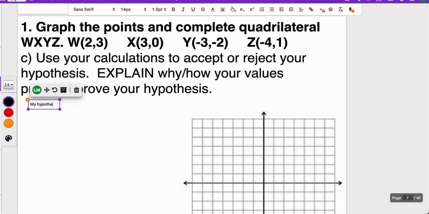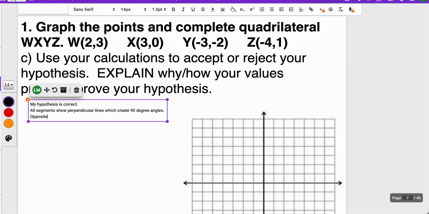So my hypothesis is correct. All segments show perpendicular lines which create 90-degree angles, and then opposite segments are equal, which show that they are making a rectangle.